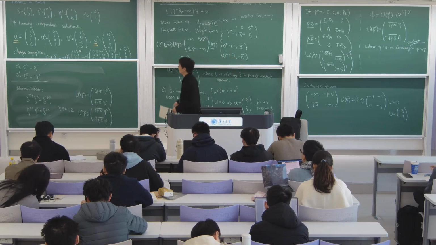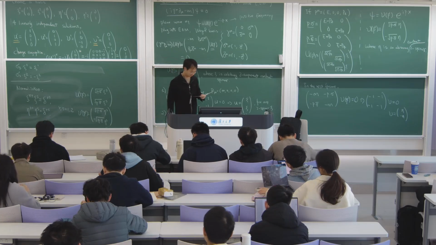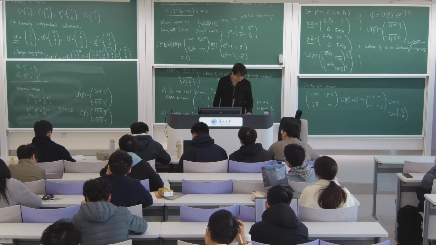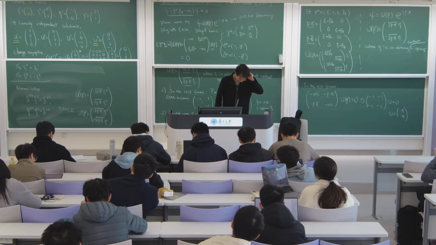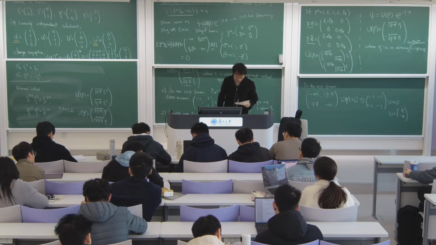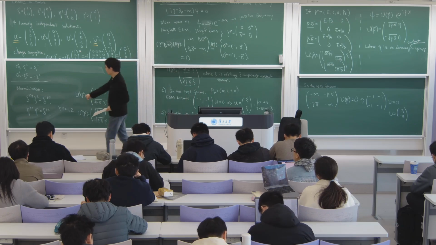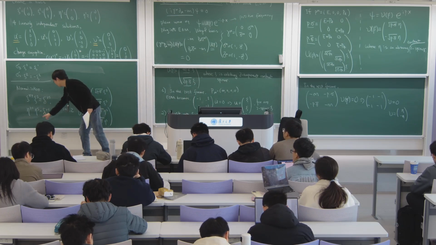So why do I want to write this? Because I want to find the normalization for the U. I know the normalization for xi or eta.